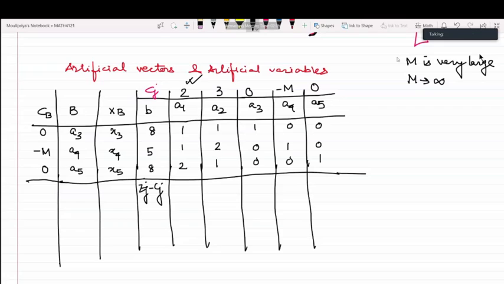It is 0 into 1 plus minus M into 1 plus 0 into 2 minus 2. So it is minus M minus 2. For the column A2, minus 2M minus 3.